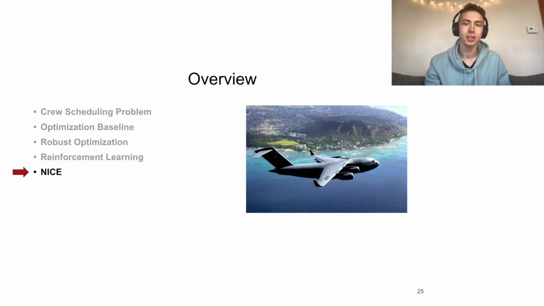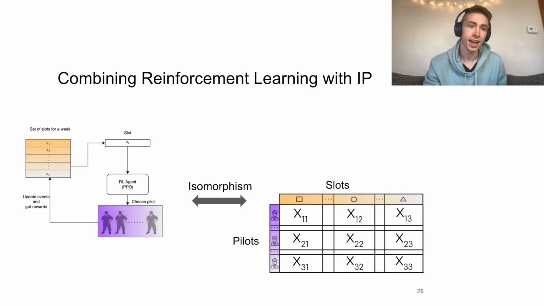So there are two key intuitions that allow us to utilize this knowledge within the reinforcement learning agent. The first is that there is a parallel structure, or an isomorphism, between the reinforcement learning solution to our problem and the integer programming solution. You'll notice we have this matrix to describe our decision variables, and the columns correspond with the slots that we're assigning pilots to.